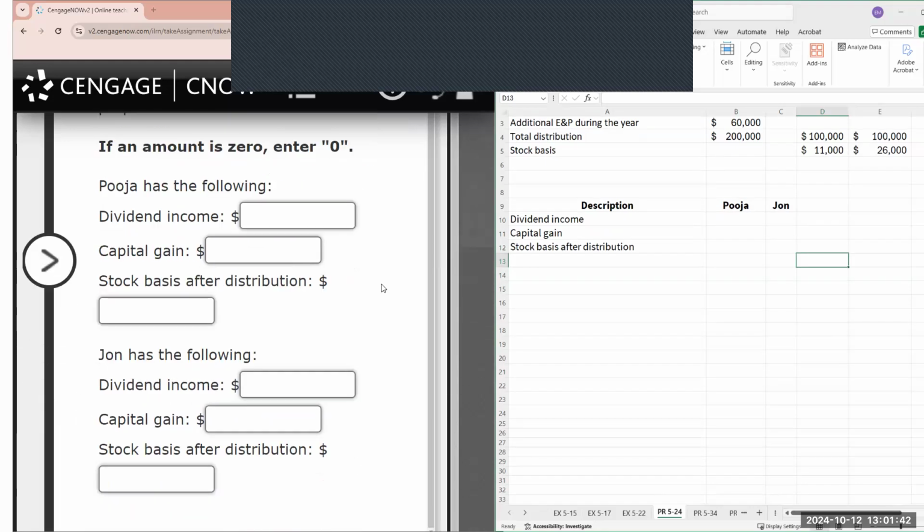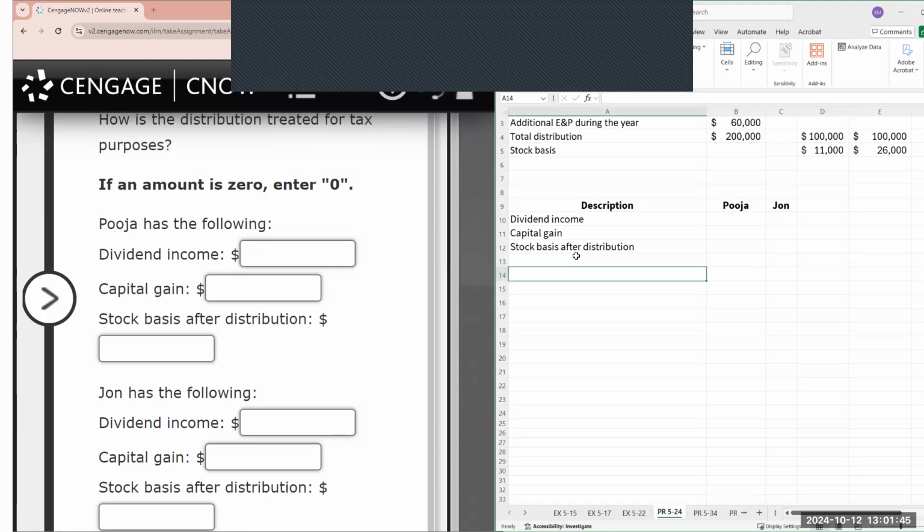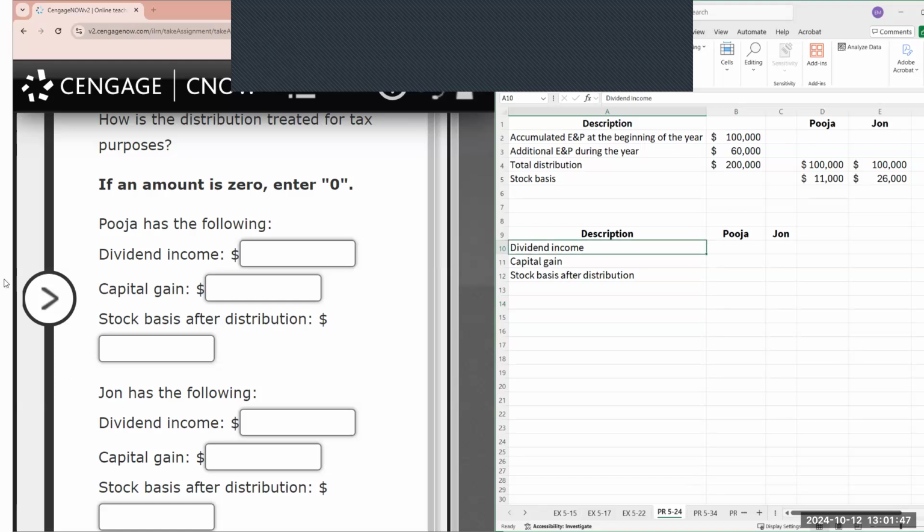So we have the fact pattern. Now we need to determine how much each individual is going to recognize as dividend income, capital gain, or stock basis, and how much the stock basis would be worth after the distribution. In this case, we see that there's accumulated E&P of 100,000 and current E&P of 60,000, but the full amount of distributions cannot be treated as dividends. Why?